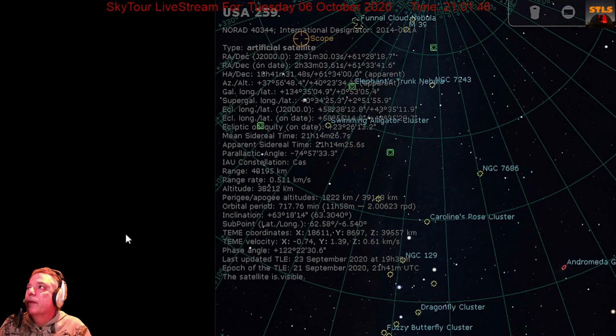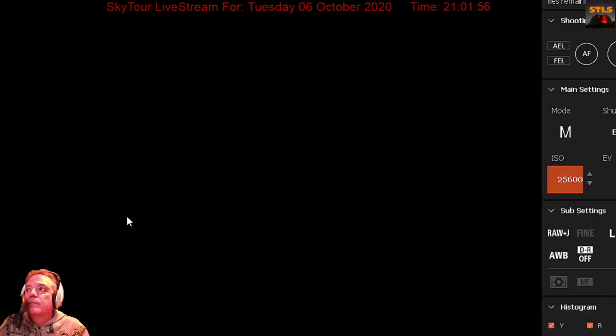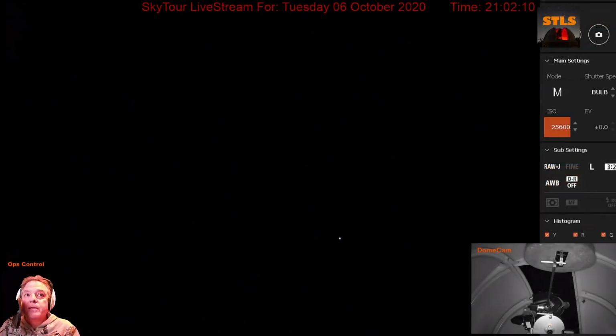Okay. Here we go. Let's find out. Alright, so we're heading down to what could be the Heart Nebula as long as the dome isn't in the way. I should probably make sure. Okay, it's not in the way. How do I know? Because of this. You can see our observatory cam down here.